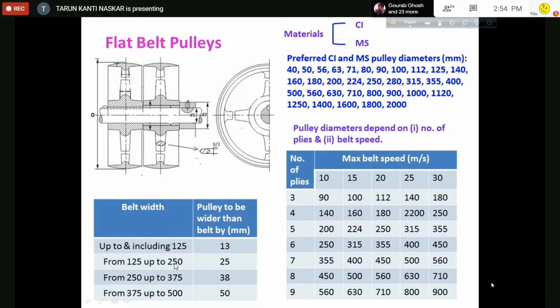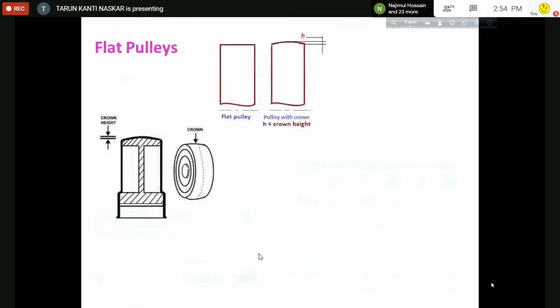In between 125 and 250, the pulley should be wider by 25, and by 38 here, by 50 here. So these should be the dimensions of the face, depending on the belt width. So these are some informations.